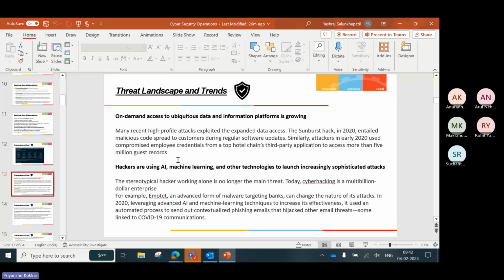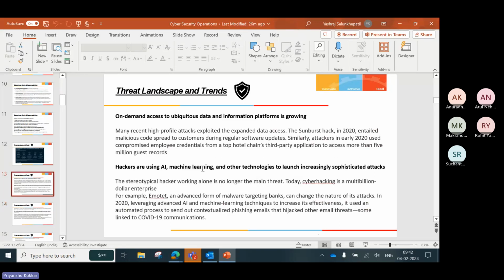He got the employee credentials, he logged in and started hacking the company. It is very critical. We always focus on online security, but physical security needs to be kept in mind as well. Obviously, it was the fault of the hotel reception and the employee there. But again, the expanded data access can be gathered from anywhere.